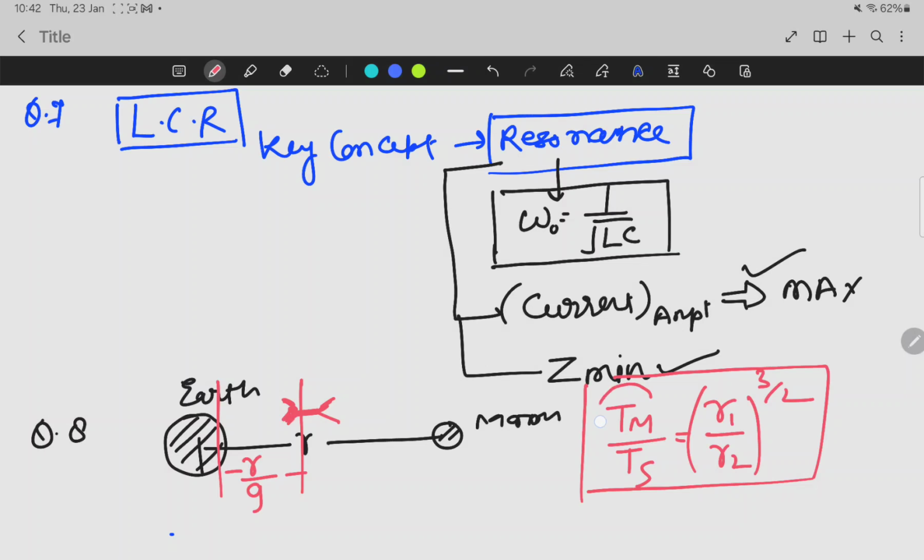So Tm we have to calculate. T satellite they have given as 27 days. Fine. Here r1, that is the moon, they have given r, and r2 they have given r/9. Now once we solve by putting in this data, we can get the value of Tm. Correct.